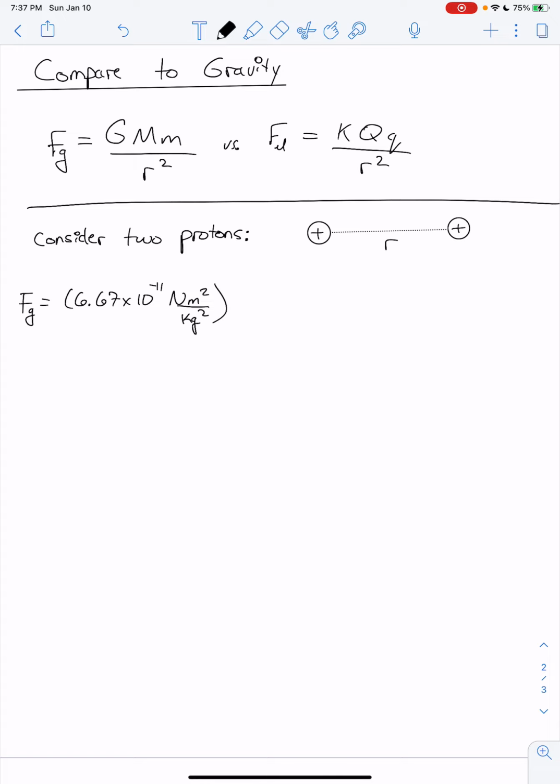And then we're going to have a very, very small mass for the protons, and that's going to be 1.67 times 10 to the negative 27 kilograms. And there's two of them, and they're identically massed, so it's squared, all over some distance we're going to call r.